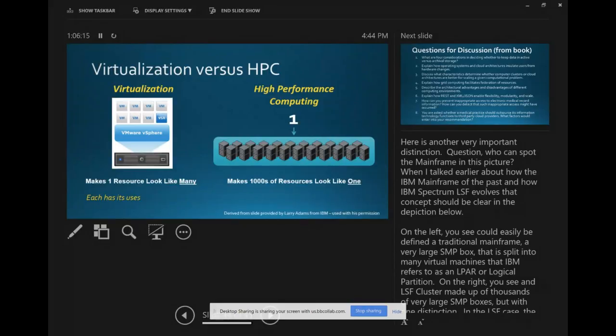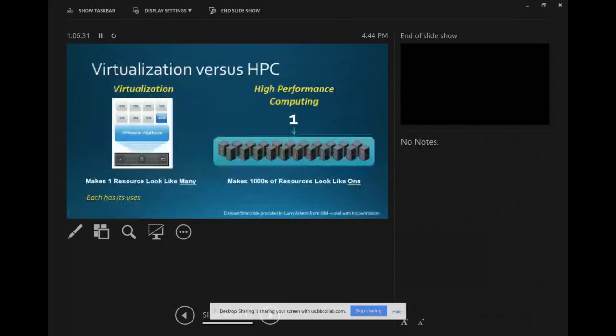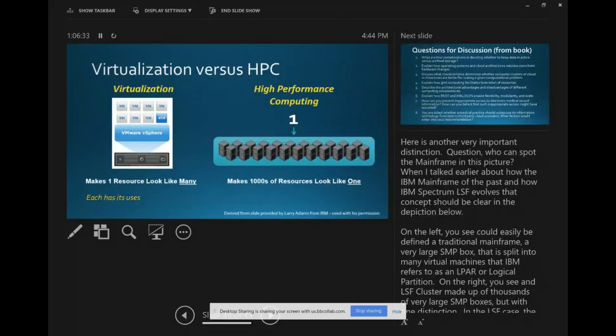Yeah? So how does something like Hadoop work? Is it real high performance computing, or is it some soft approximation of that? Hadoop is a form of high performance computing, but what it's trying to do is maximize I/O throughput to the disks.